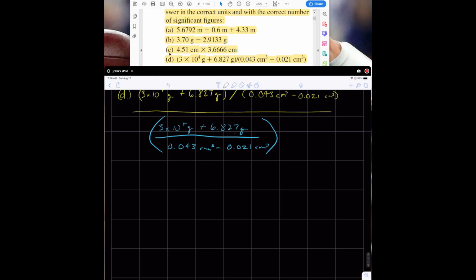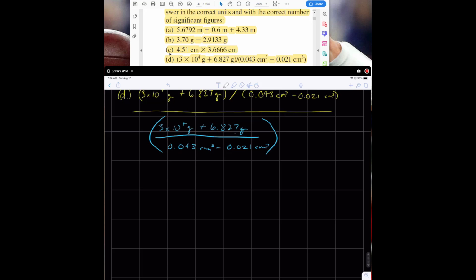So the way I'm going to do this is, since we're dealing with addition, we could do 3 times 10 to the 4 power, which is 30,000 grams.